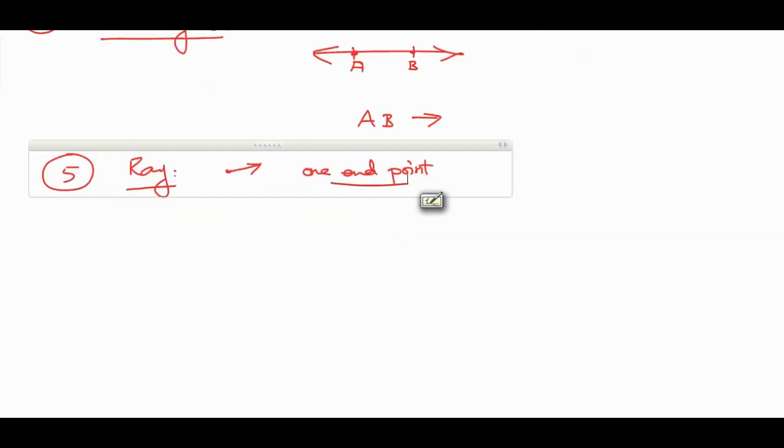Now I am going to talk about a few very important things, that is called collinear points. Collinear points means three or more points on a line.